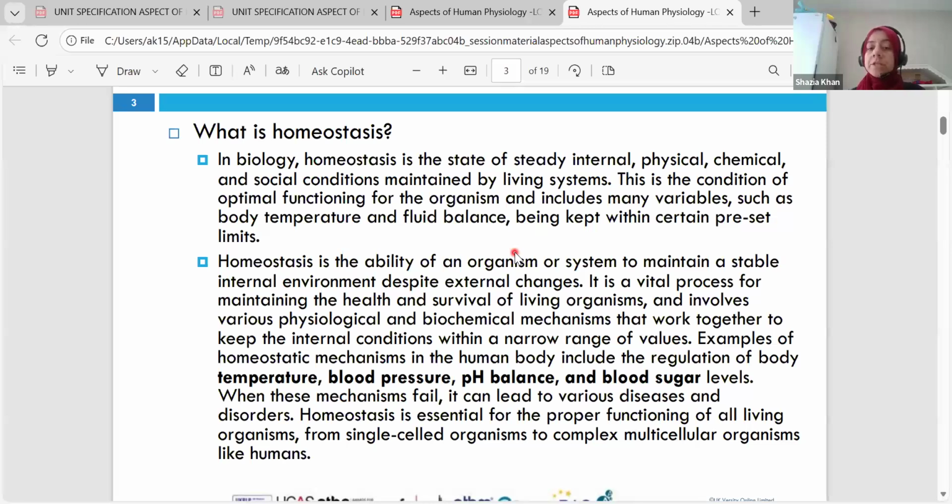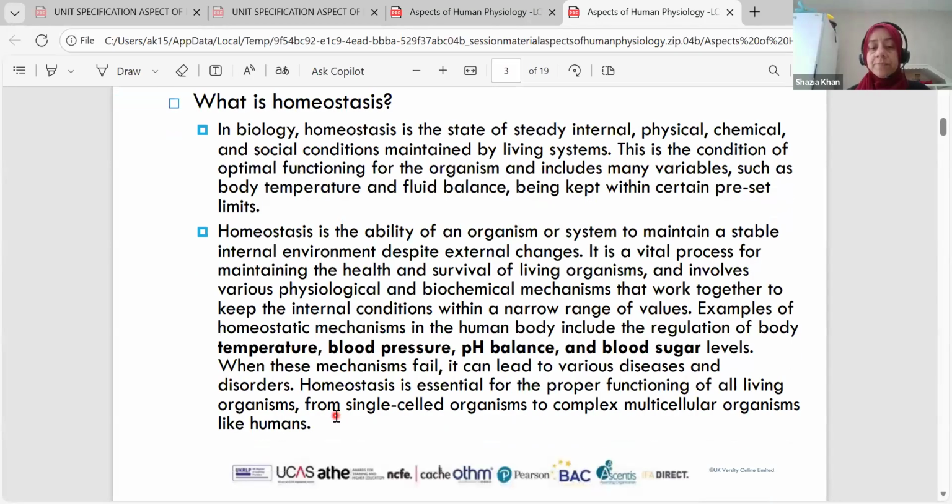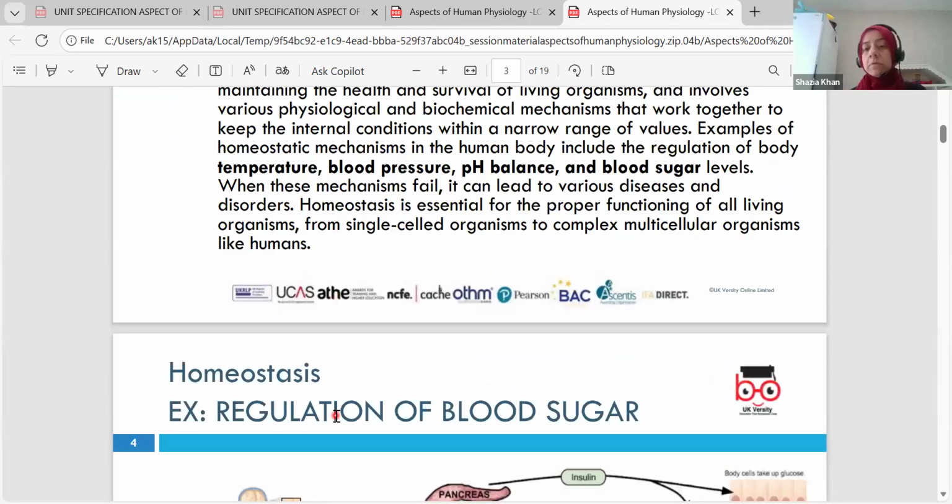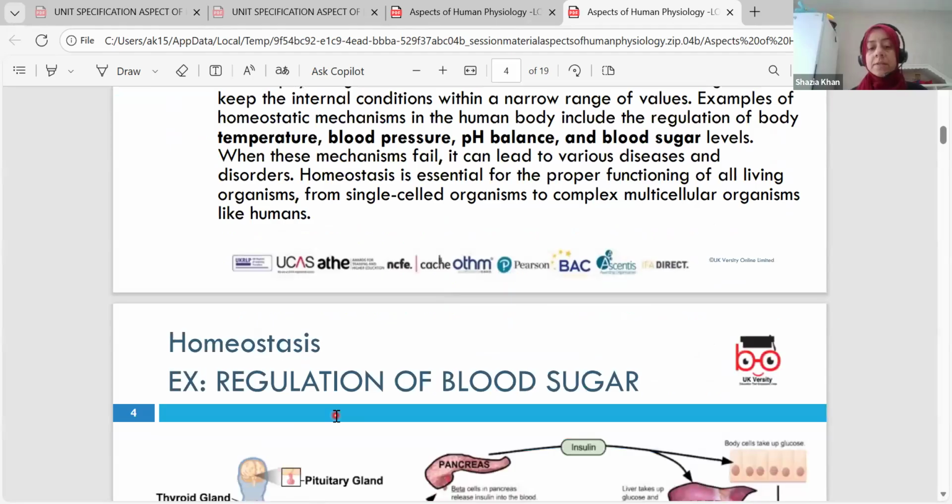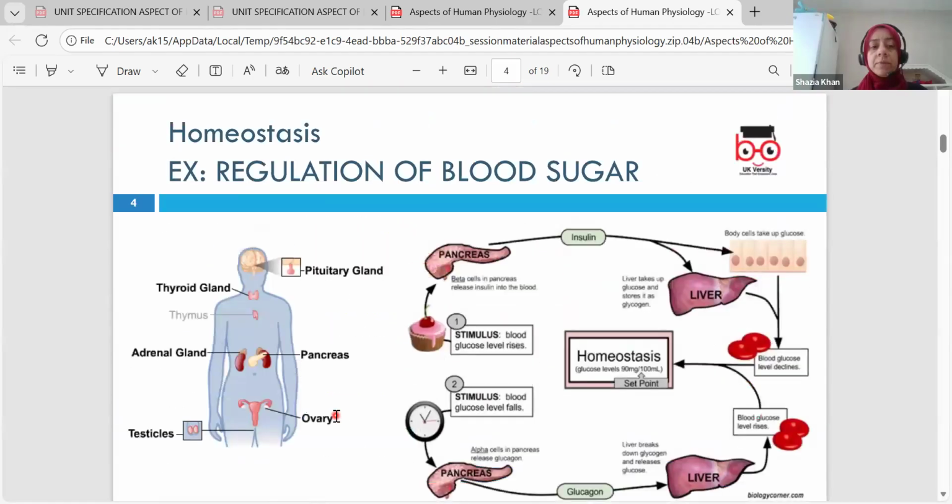Homeostasis is the ability of an organism or system to maintain a stable internal environment despite external changes. Examples are the regulation of body temperature, which I just talked about, blood pressure, pH balance, and blood sugar levels. When this fails, there are various diseases and problems that happen because of it.